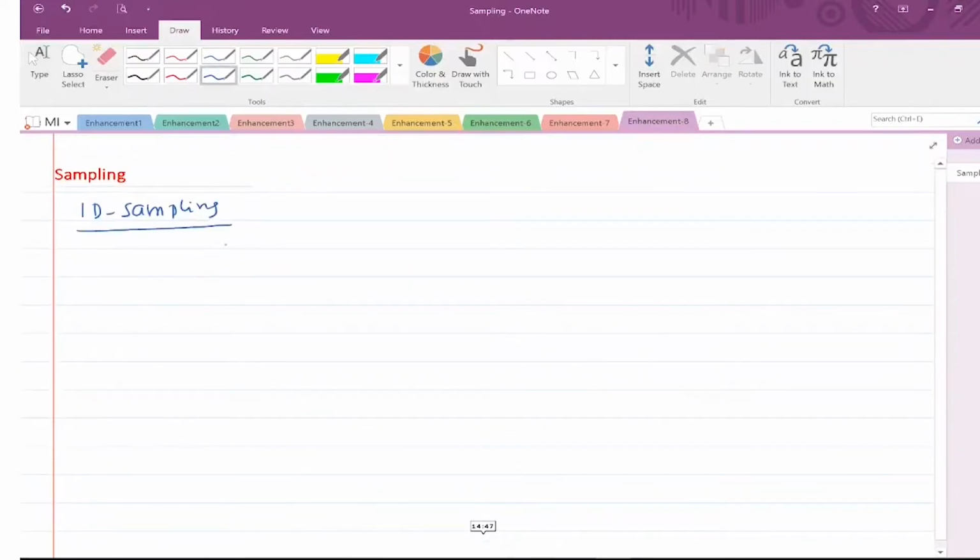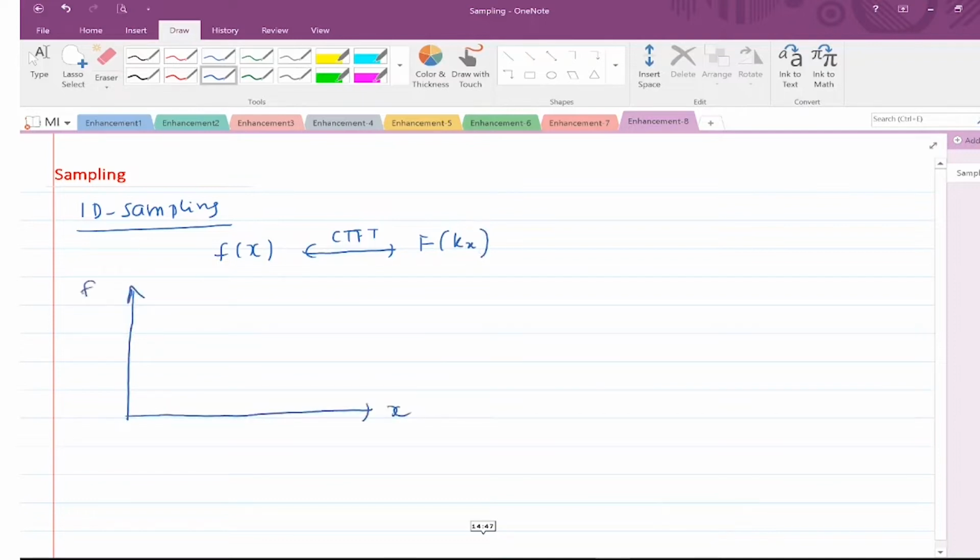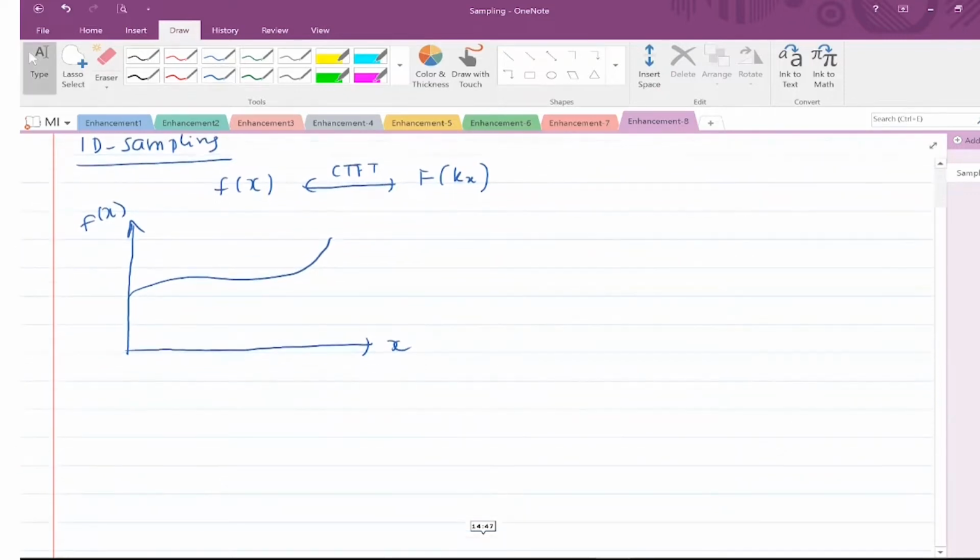We'll call, for example, the 1D spatial domain function f of x, and let the CTFT of it be capital F of k subscript x. This is your x. You are plotting your f of x here, which is a continuous function. Now what you would like to do is to retain its values only at regular intervals.